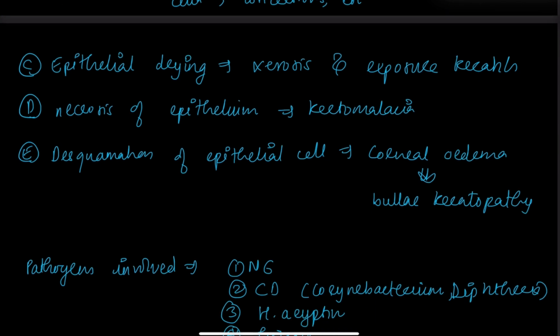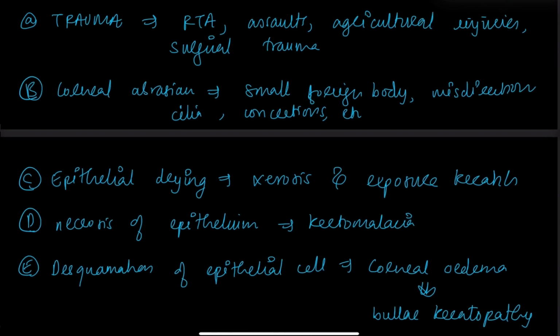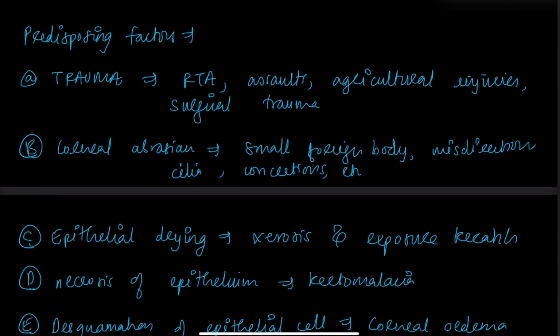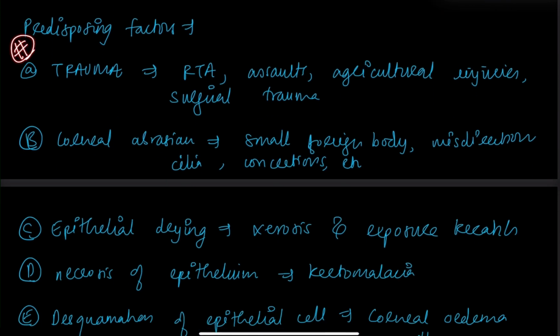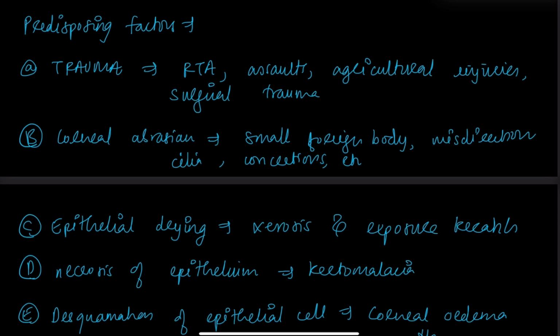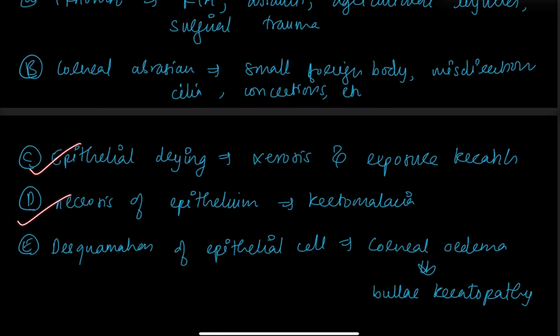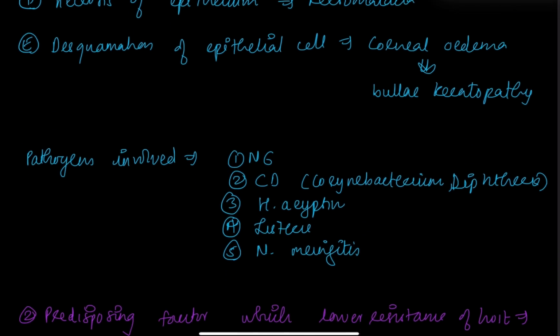Fifth is desquamation of epithelium. It basically leads to corneal edema, and the condition is bullous keratopathy. We have to learn by heart this whole thing about prerequisites and predisposing factors like trauma, corneal abrasion, epithelial drying, necrosis, and desquamation of epithelial cell injury.